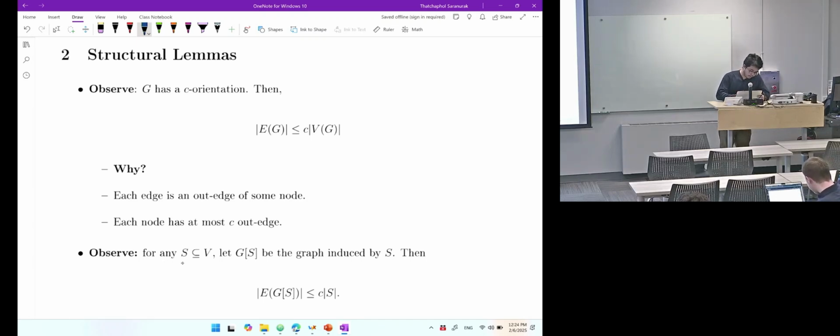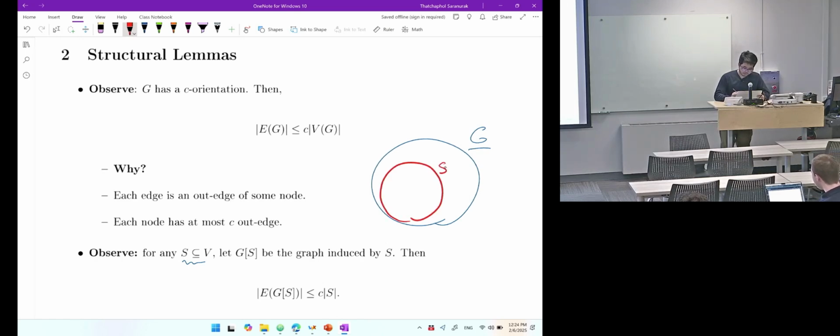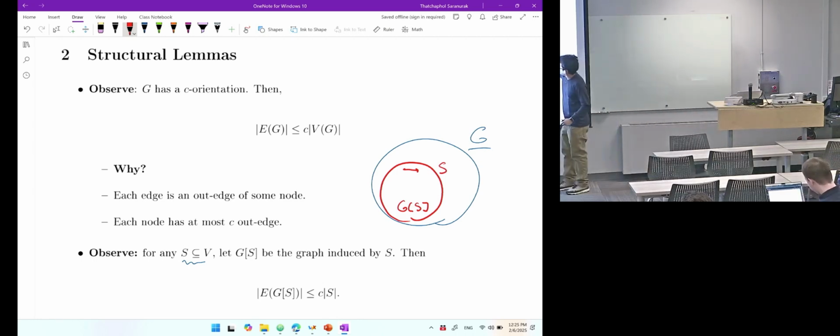Now, look at the graph here that still has C orientation. And now I look at any set S of vertices, and look at the graph induced by S. So look at only the edges inside S. You don't look at edges that go outside.